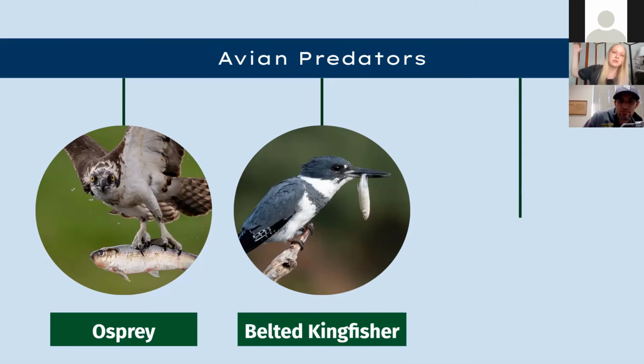So they'll sit on a branch. Their head can be immobilized so the branch could be moving, but their head will stay still. And they will watch the little fish swimming around. And once they've targeted one, they will dive into the water and grab it and then fly away. So they are very well adapted to be able to dive and attack our smaller fish.